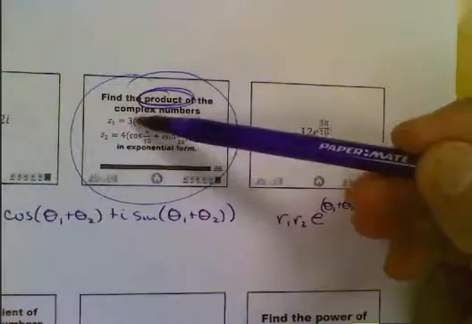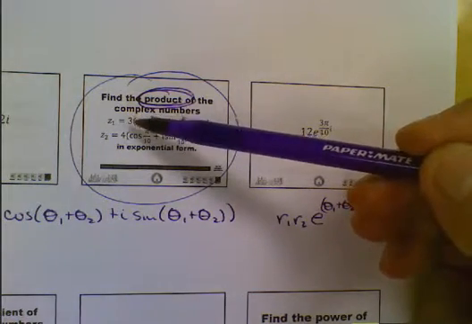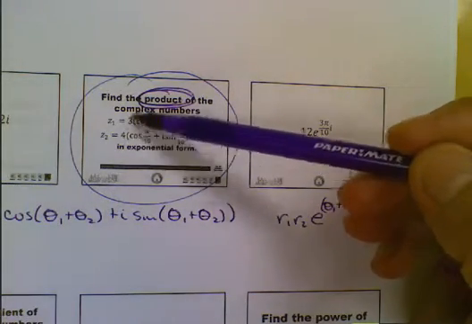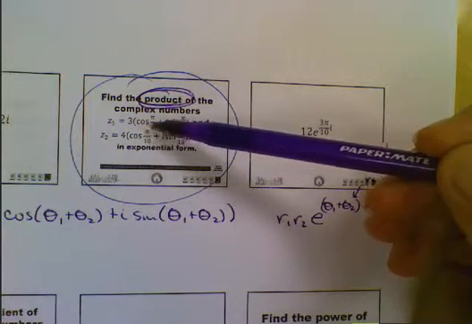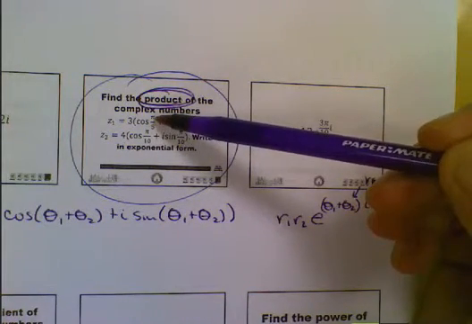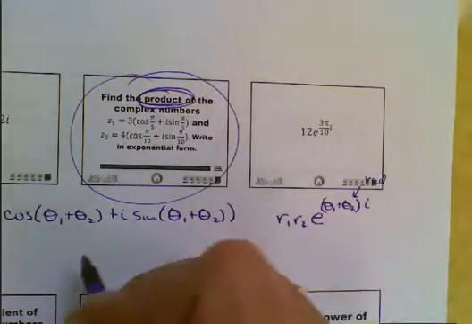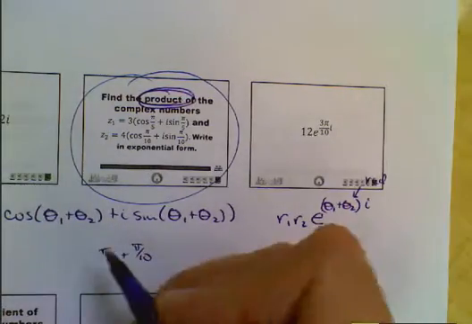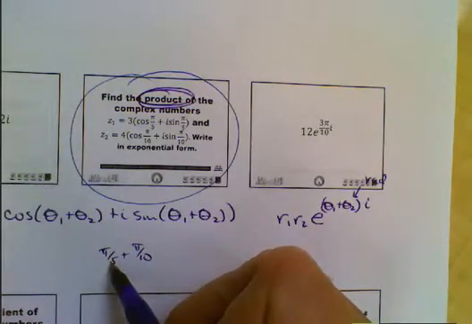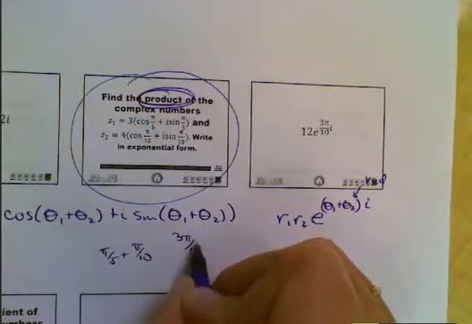So with this, if I were going to do this, I would get 12, right? Finding the product, so I multiply those two to get 12. And then add the angles, pi over 5 plus pi over 10. That would be 2 pi over 10 plus pi over 10, so that'd be 3 pi over 10 would be the angle.